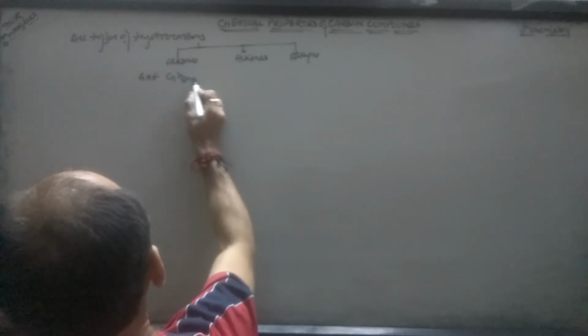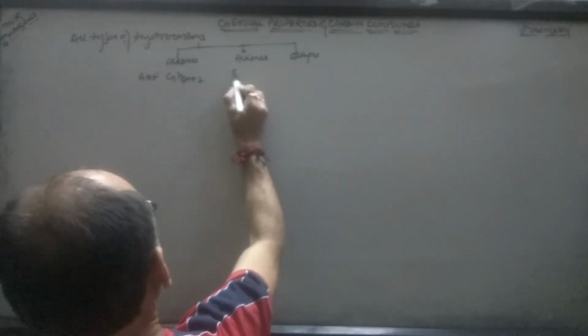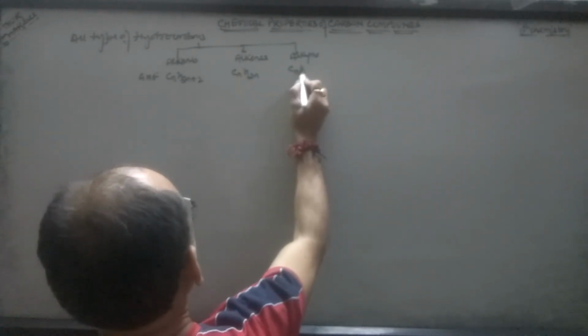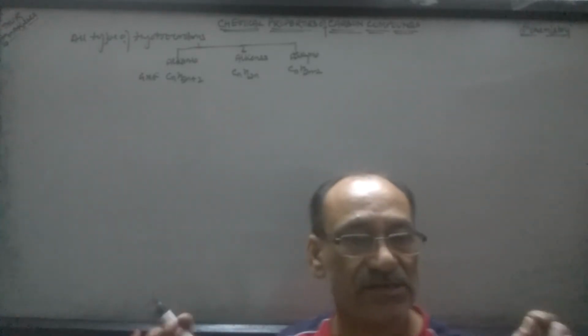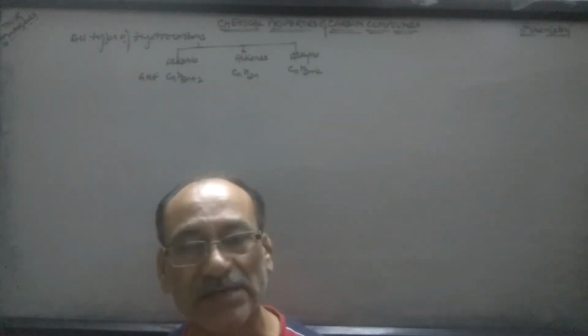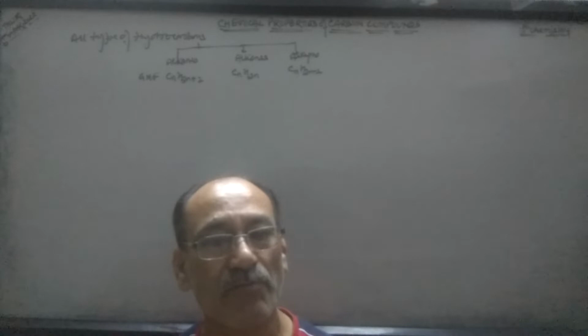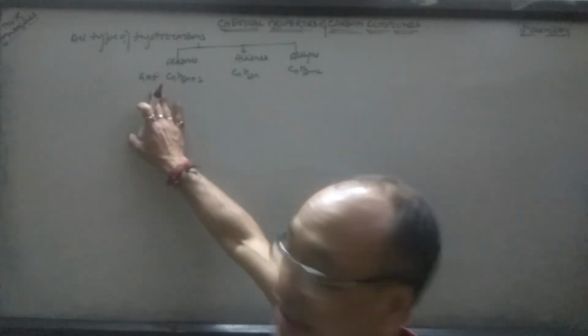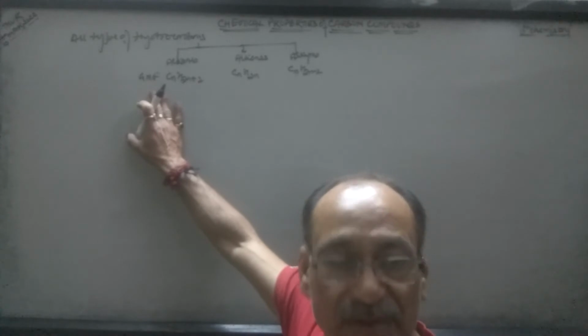The general molecular formula of alkanes is CnH2n+2. For alkenes it is CnH2n, and for alkynes it is CnH2n-2. On the basis of these general molecular formulas, you can make the molecular formula and the structural formula. So it is one of the essential parts, the main part, to make the molecular formula.